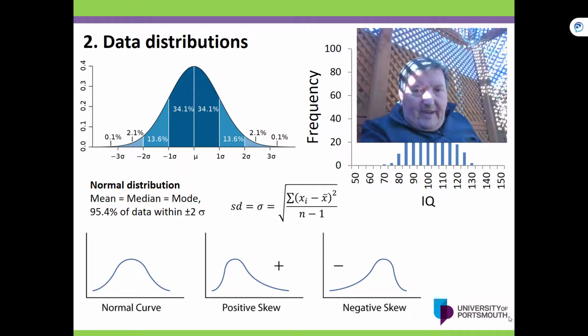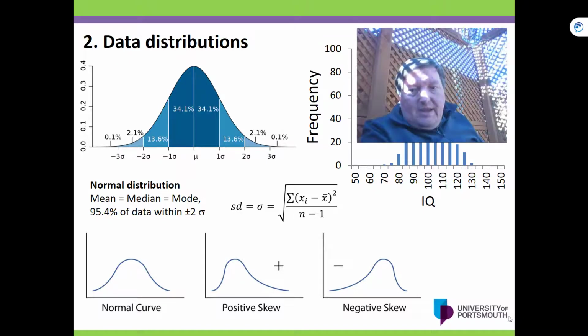Something else I need to define here, standard deviation. Okay, so this is the variation from the mean, and it's given this equation here. So x with a bar on the top means mean, and xi is all the individual data values. So in order to get the standard deviation, you work it out using this equation here.